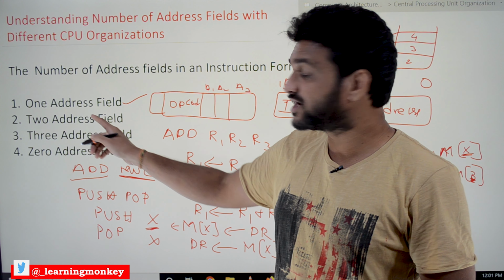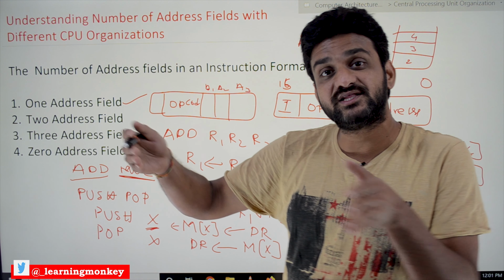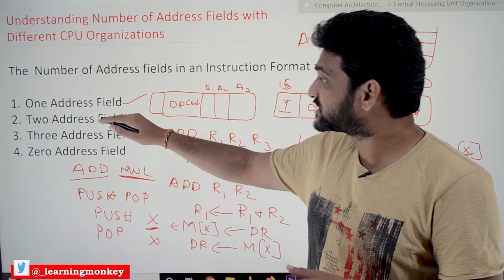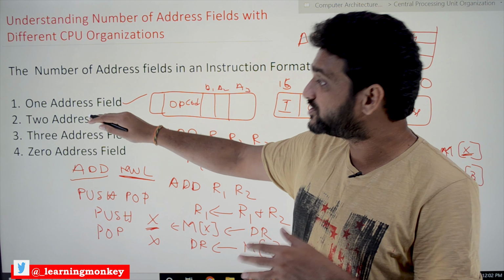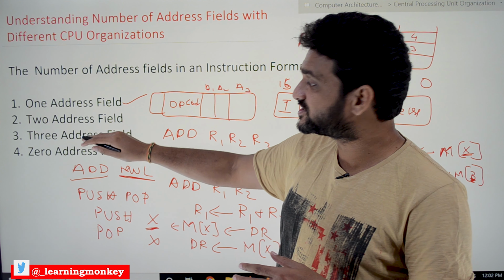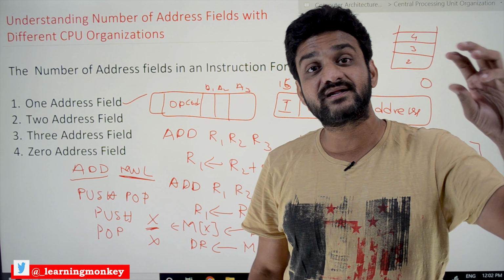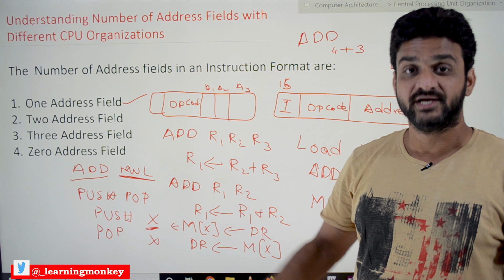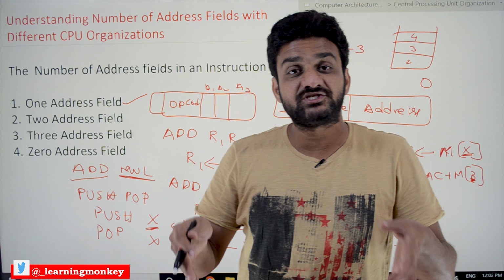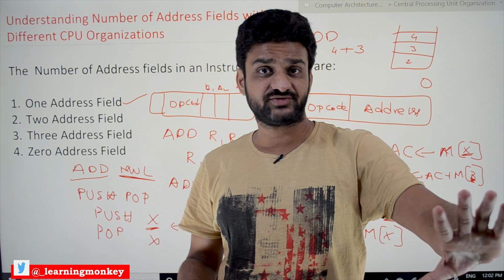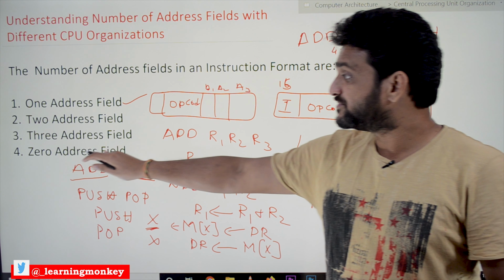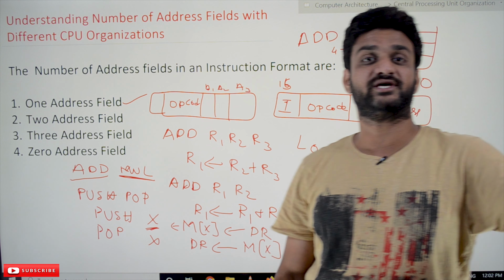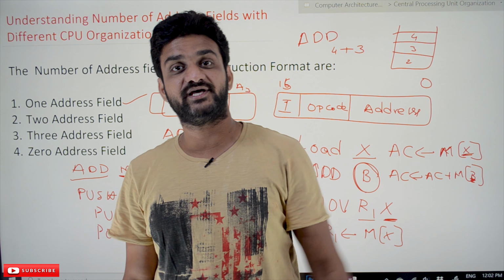These instructions, with either 2 addresses or 3 addresses, are used in general register CPU organization. And the 4th kind is zero address field. There are some instructions which are not provided with any address fields, and these kind of instructions are used in stack CPU organization.